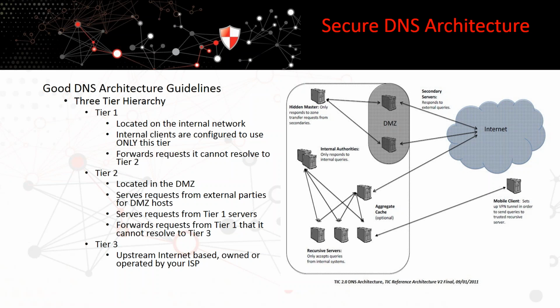TIC really is the government's application of that least functionality and least privilege paradigm, which I talked about earlier. So a good DNS architecture involves 3 tiers, and I'll talk about each of these tiers independently here. So tier 1 is located on your internal network.